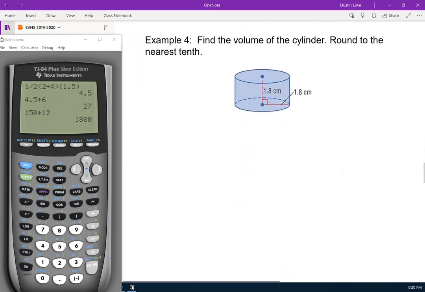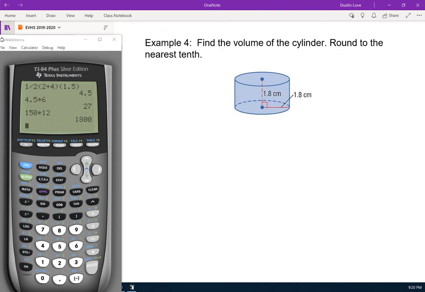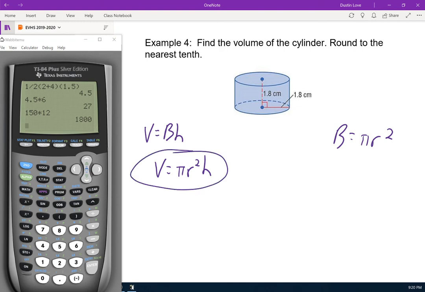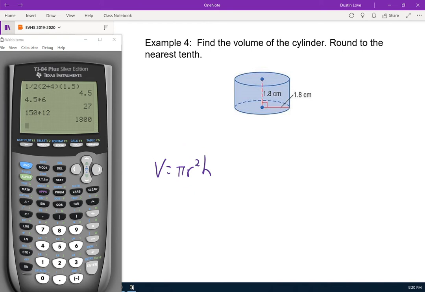All right, let's jump over to a cylinder. Now, once again, you could use base times height and then jump over here as base is pi r squared, or you could use the shortcut formula pi r squared h. Either one works. Honestly, I prefer to do this one because it's more direct, so that's what I'm going to do. All right, here this is easy because my radius is 1.8 and my height is 1.8.